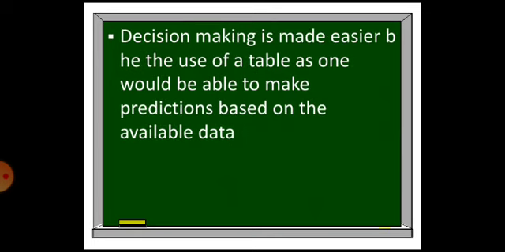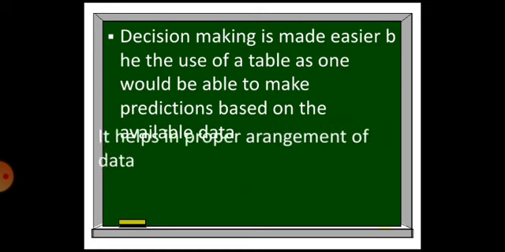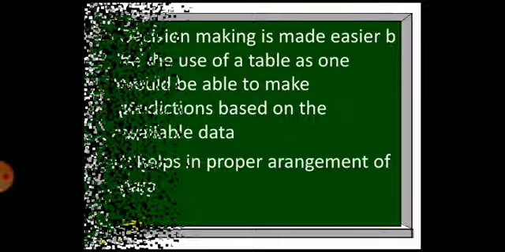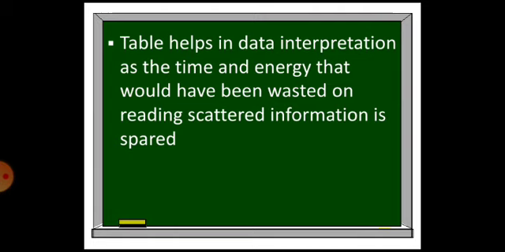Decision making is made easier with the use of a table, as one will be able to make predictions based on the available data. It helps in proper arrangement of data. A table helps in data interpretation, as the time and energy that will have been wasted on reading scattered information is spared.